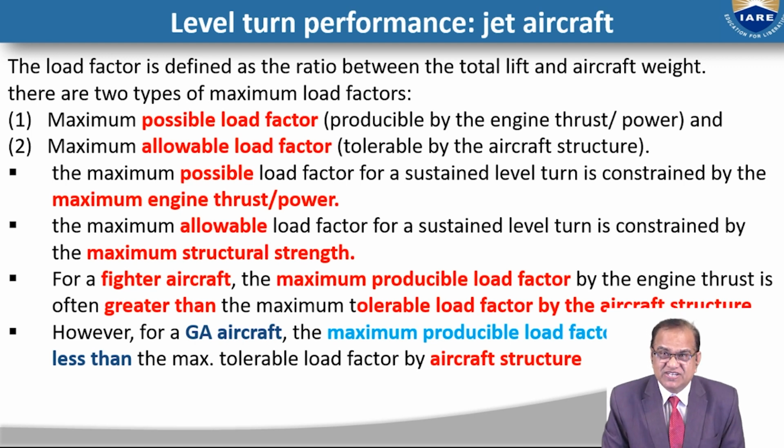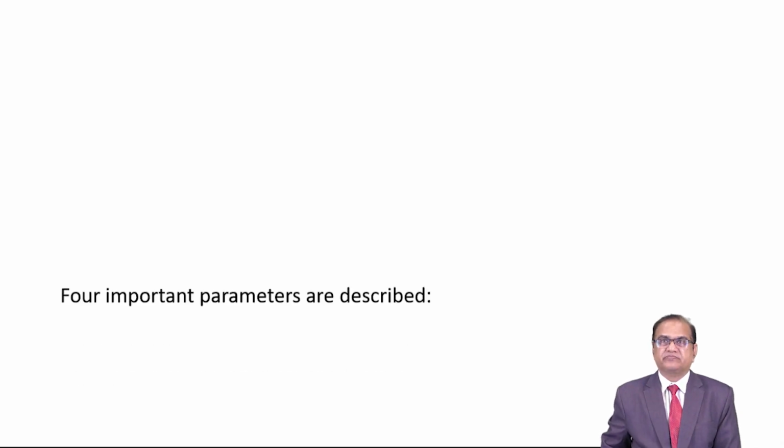However, for general aviation aircraft like Cessna and other small aircraft, or passenger aircraft like Boeing and Airbus, the maximum producible load factor by the engine is less than the maximum tolerable load factor by the aircraft structure.